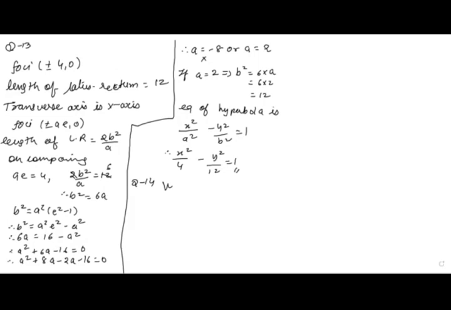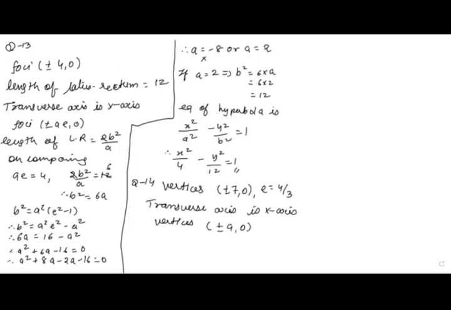Vertices are on the x-axis and the value of eccentricity is given as 4 by 3. So the transverse axis is the x-axis in this case, and vertices lie on plus minus a comma 0.